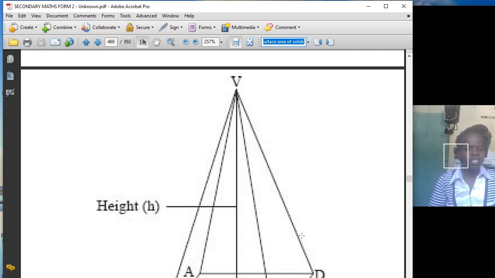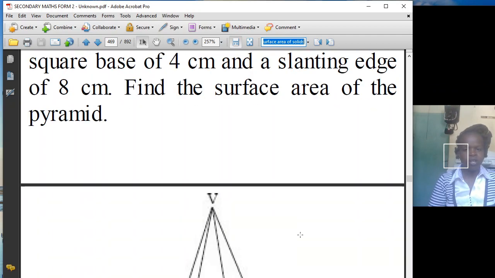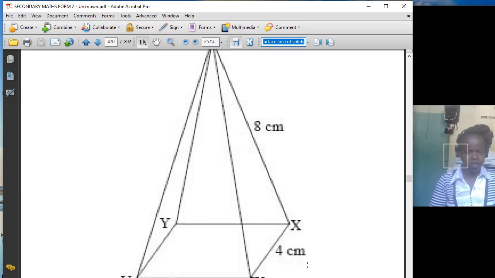So those are the slanting edges. It is given as 8 centimeters. Like VX here is 8. So that means VX is equal to VW, VU, and is equal to VY.